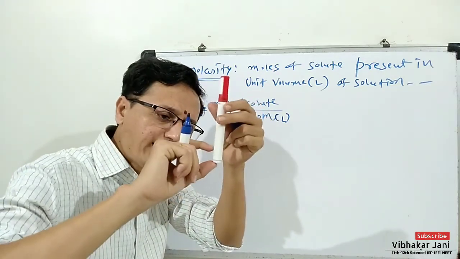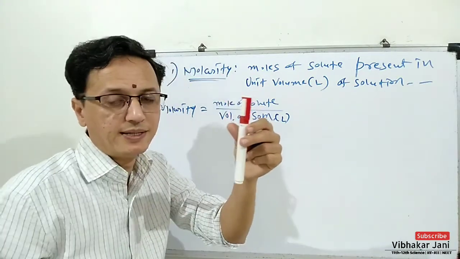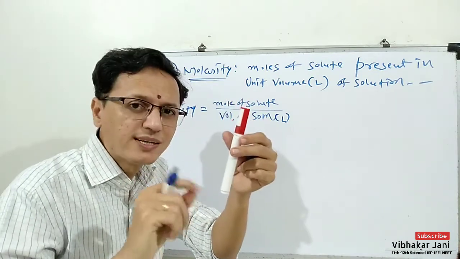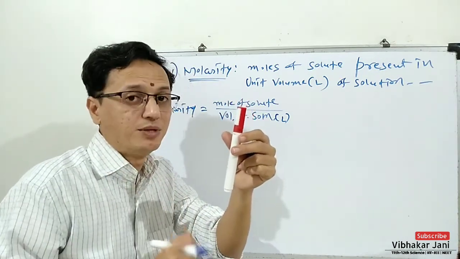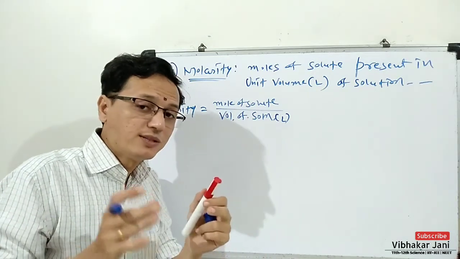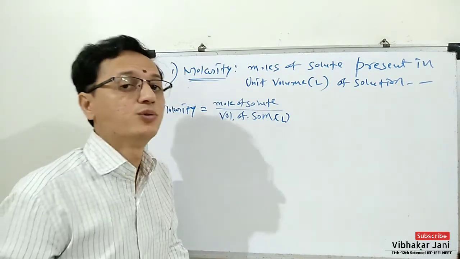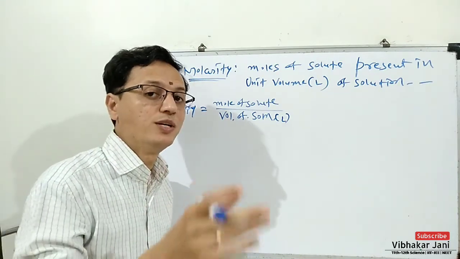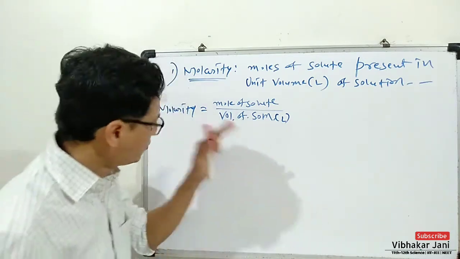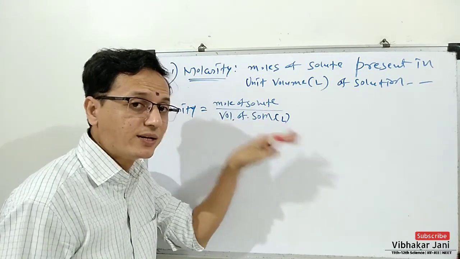So a little amount of solution is used while we are experimenting. In such a condition, the volume of that solution cannot be measured in liter because liter is a bigger unit. So you have to use some smaller units, and it is preferable to use milliliter as a unit of volume in case of laboratory experiment. So we have to use volume of solution in milliliter unit.